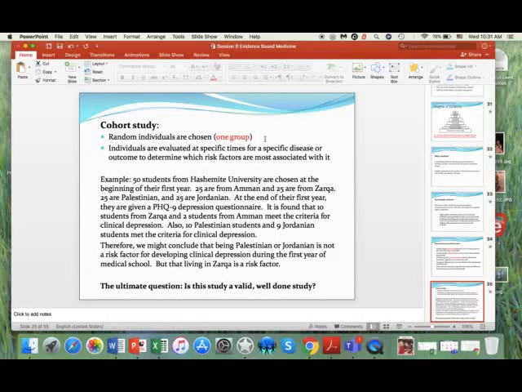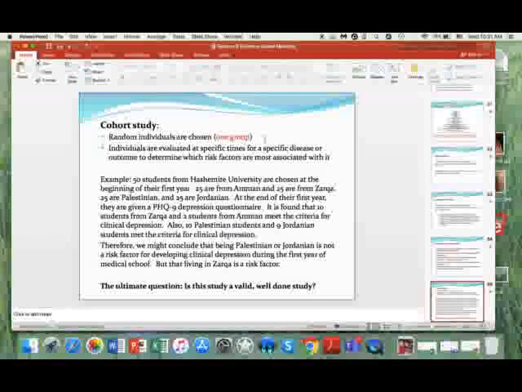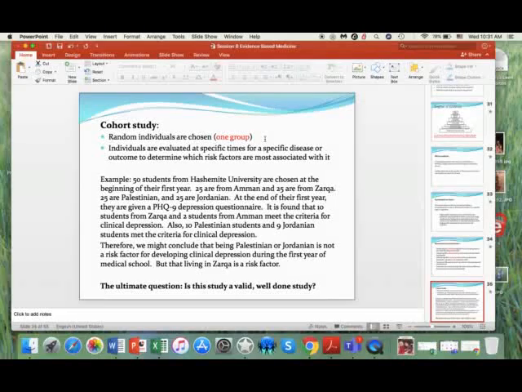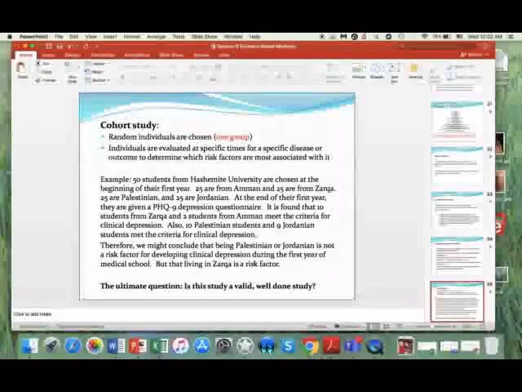Or maybe we could compare 2 different universities in Jordan. If we compared it to University of Jordan, do we get the same results, where there are significantly more students from Zarqa that go to University of Jordan that are having depression, or is it the same there? That would give more evidence that living in Zarqa is a risk factor.